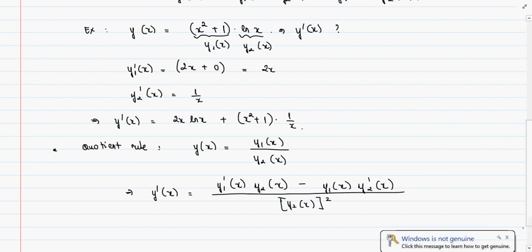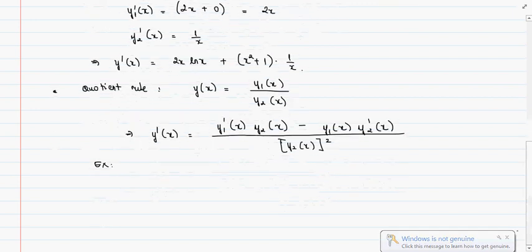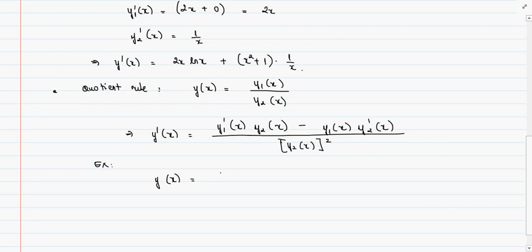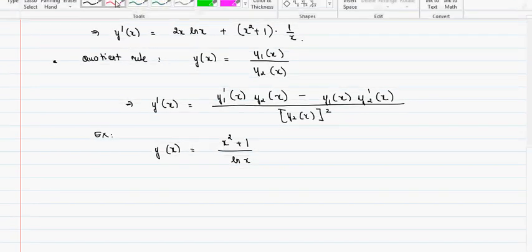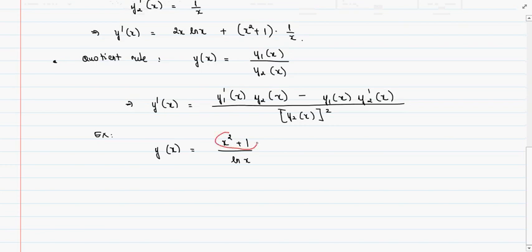Now we're just going to do a little example to make it a bit clearer. If I have y of x equal to, for example, x squared plus 1 divided by log of x, basically I'll be treating the numerator as y1 as a function of x, and the denominator as y2 as a function of x.